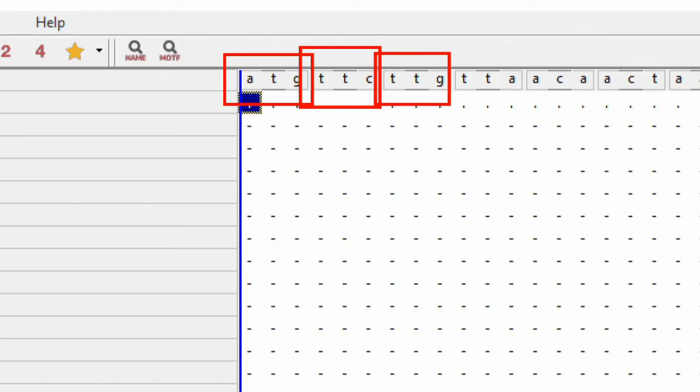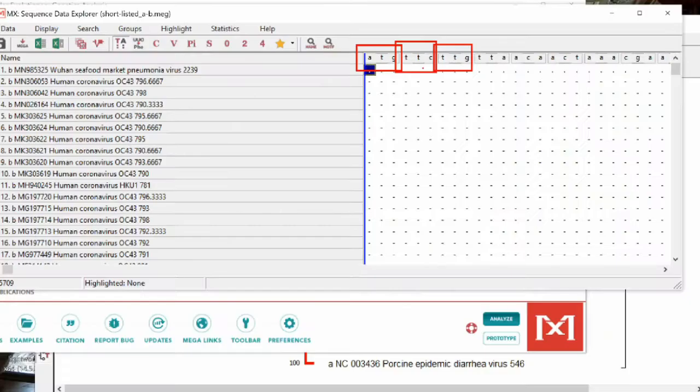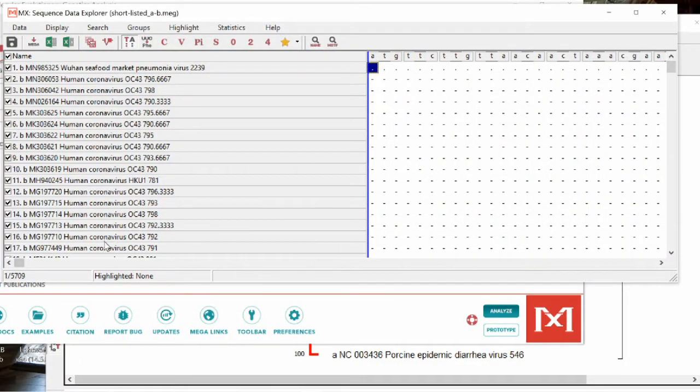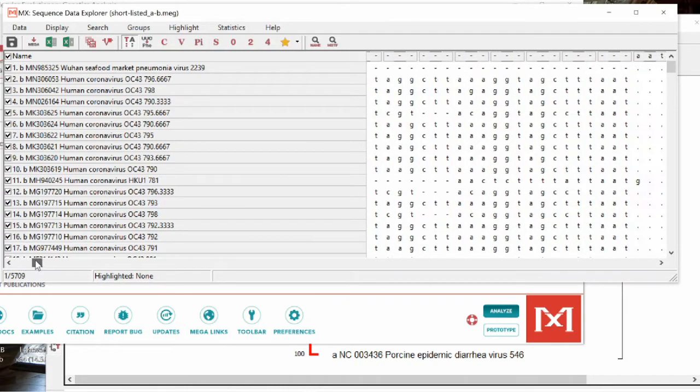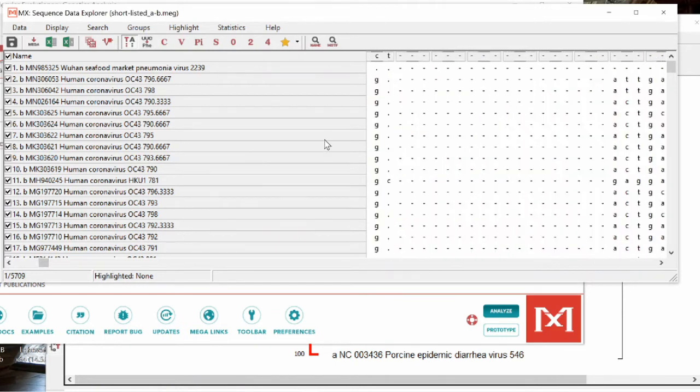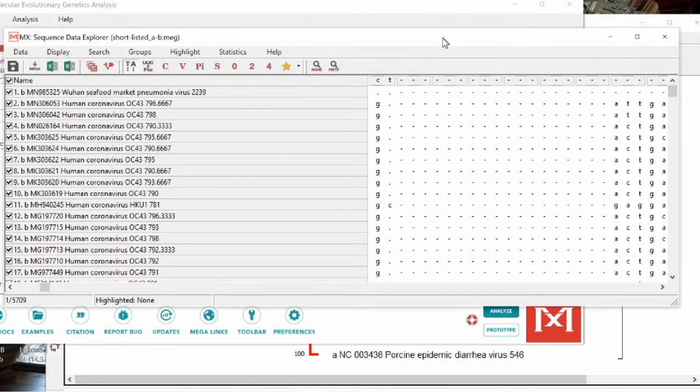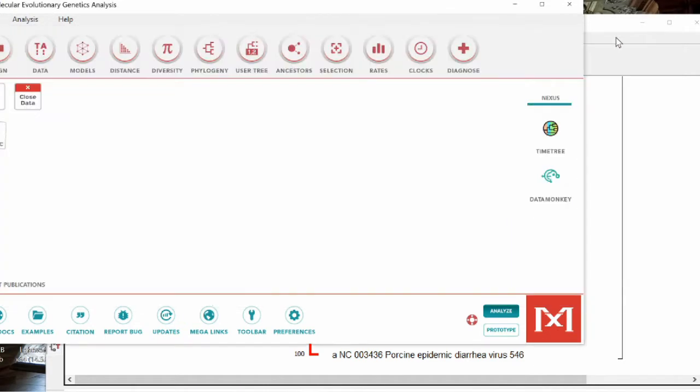The dashed line means that at that position in the other sequences we have the same letter, like the same letter T here. We can also scroll to the right and see there's quite a variation all around the place. So this data set we will use for the phylogenetic reconstruction.